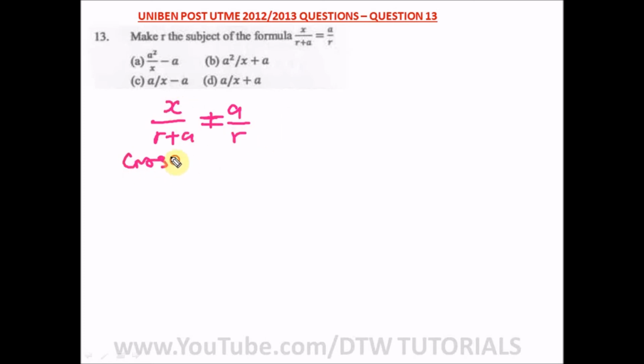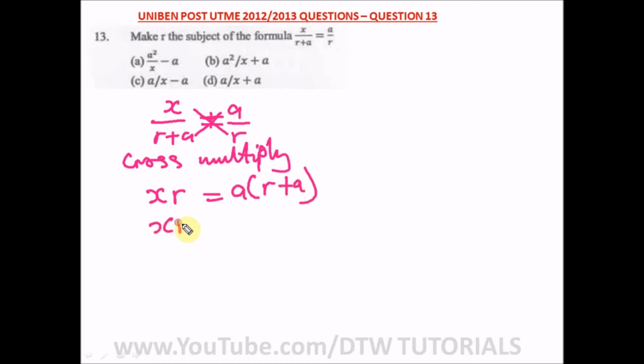Let's cross multiply. We have x r equal to a bracket r plus a. So xr is equal to, opening the bracket, ar plus a square.